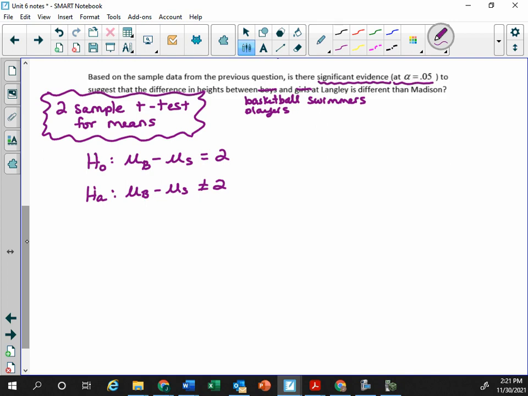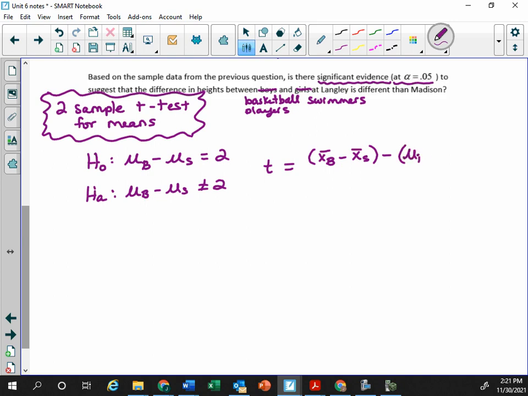Okay. We're going to write out our formula for this. It's not a small formula when we're doing the t statistic here. It is x bar sub b minus x bar sub s. So you always start with your sample minus the parameter.